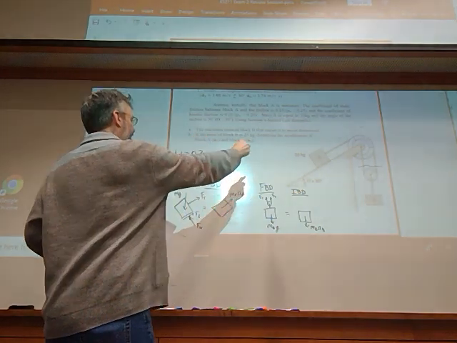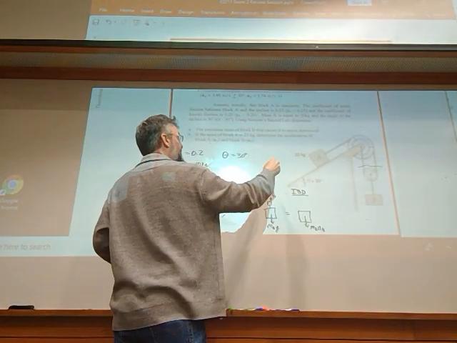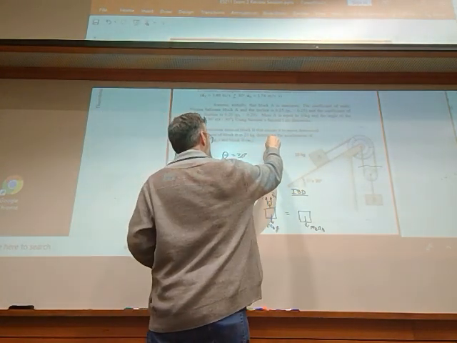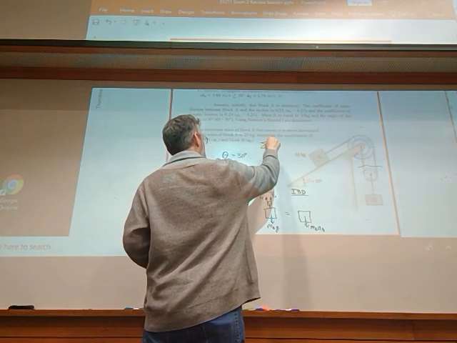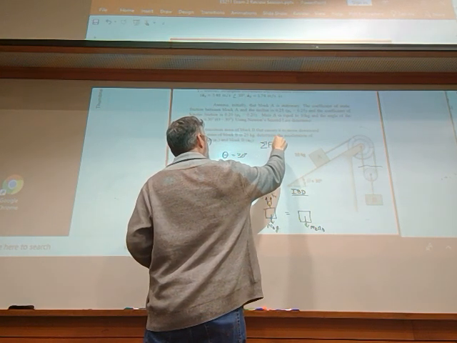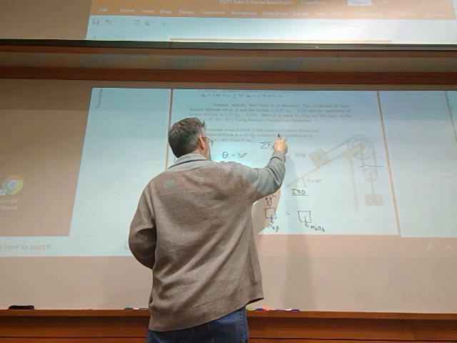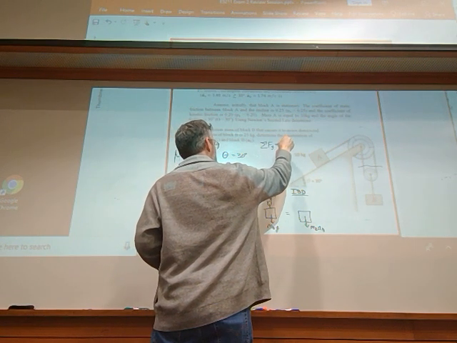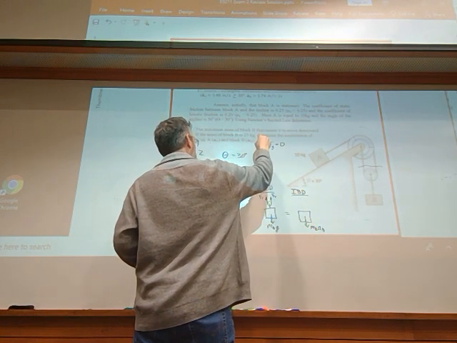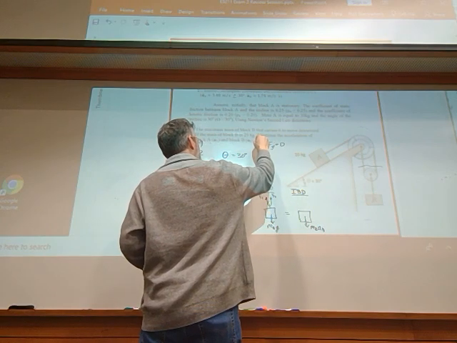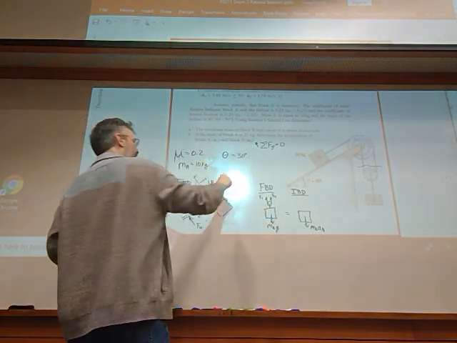For our statics portion of the thing, I'm not going to have enough space, so I'll say the sum of the forces in the y direction, y prime direction, for this guy right here.